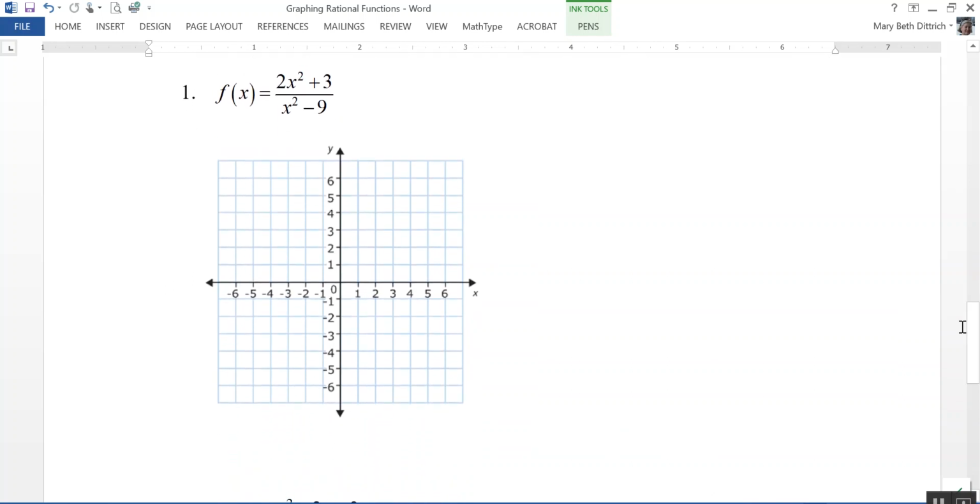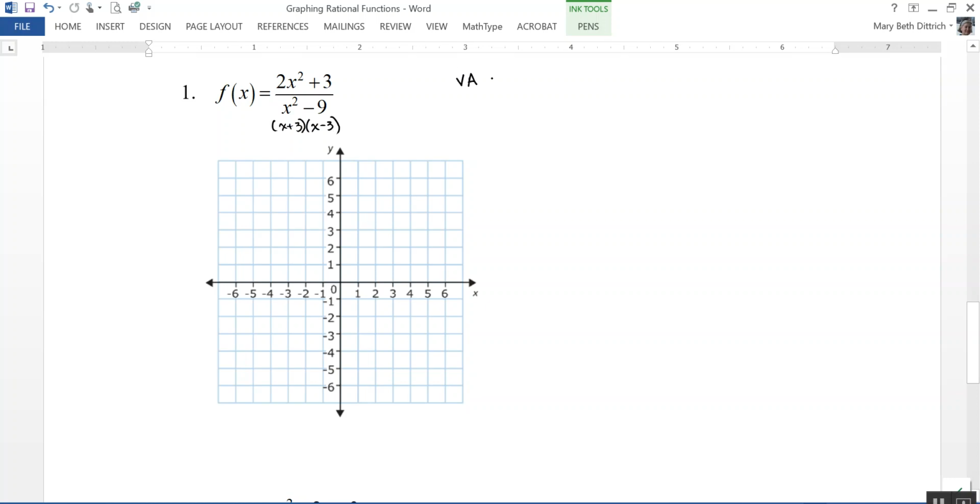So here we have f of x equals 2x squared plus 3 divided by x squared minus 9. Well, the first thing that I'm noticing is that my denominator can be factored into x plus 3, x minus 3. So I'm going to start with vertical asymptotes.